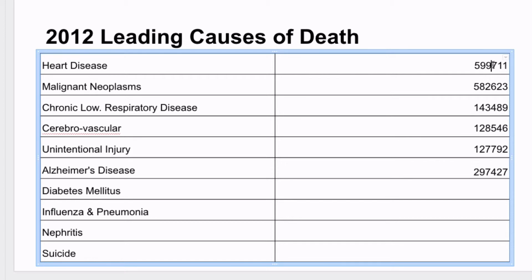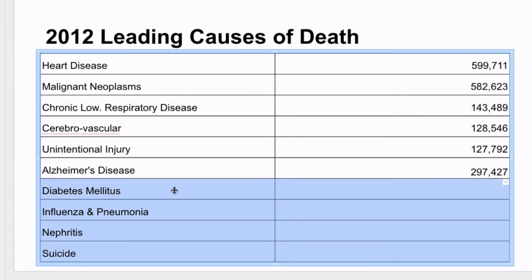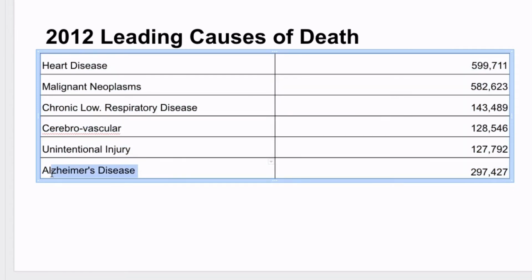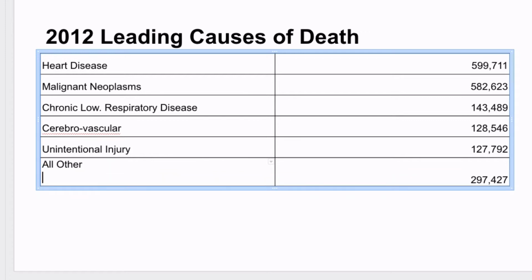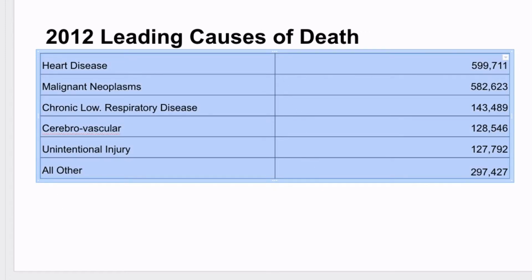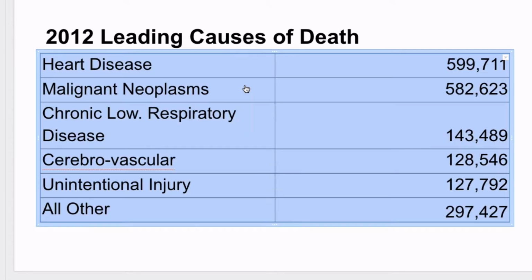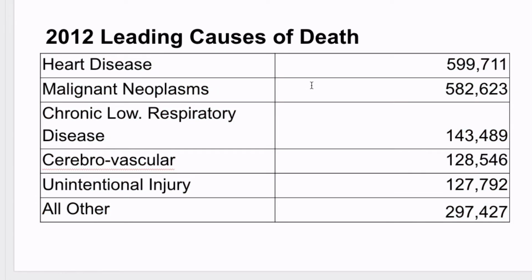Then another thing with numbers I always like to do, if you ever have numbers that go past 4 digits, always put the comma in. No matter what number you have that goes past, rarely are there any cases where you don't want the comma in there. So now we're going to change this to all other. Then we're going to increase the font size to 25. 24 works. So now we have a slide that's a lot easier to look at.